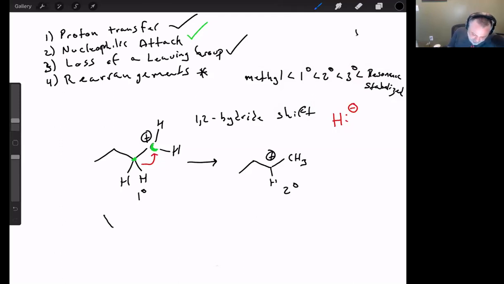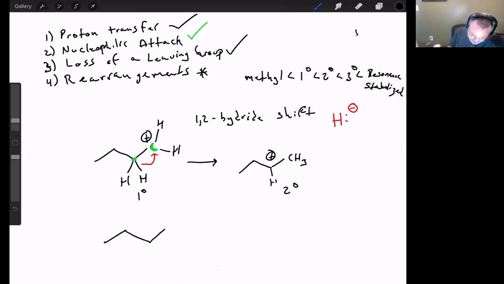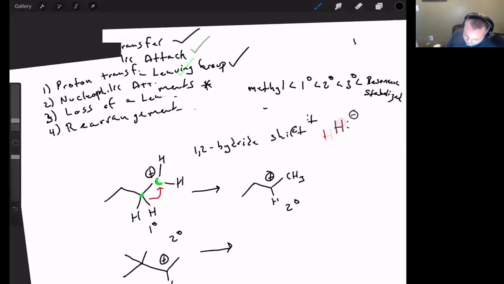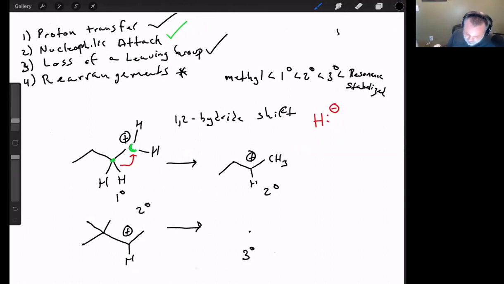Now, you could have a situation like this. Let's get this correctly. What if I have a cation like this? Right now, everybody's saying, oh, that's a secondary carbocation. How could I improve the stability of this cation by making it a tertiary cation?